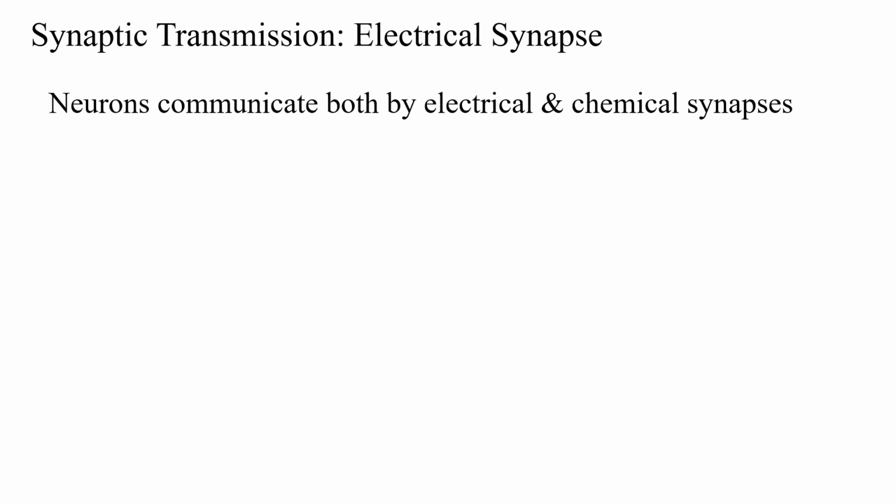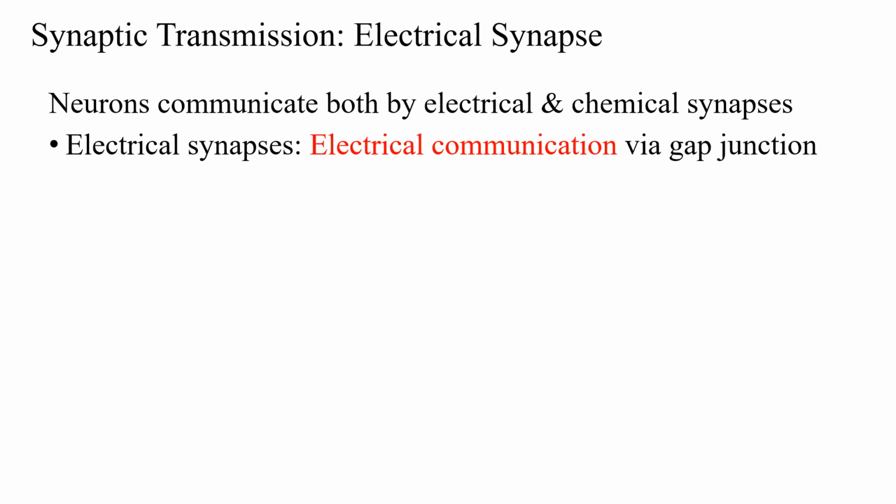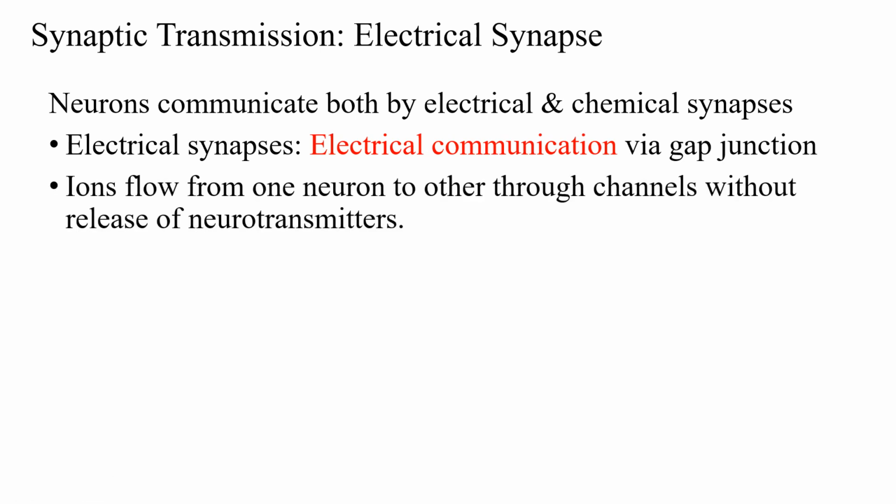So electrical synapse is electrical communication via gap junction. What is a gap junction? Like a bridge between two cells. Ions flow from one neuron to the other directly. Cytoplasmic exchange without release of neurotransmitter. You got it? Without release of neurotransmitter.